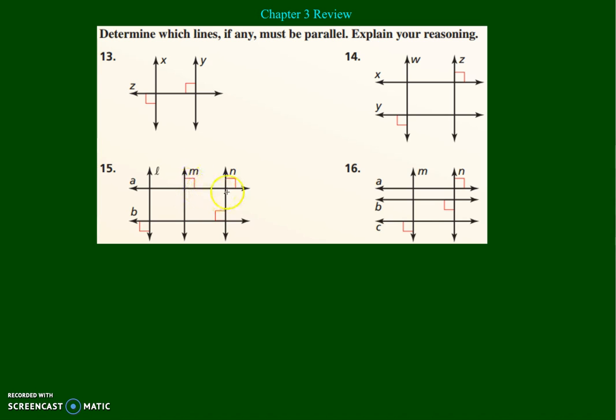Here, line M and N are perpendicular to line A, so two lines perpendicular to the same transversal, those two lines are parallel.